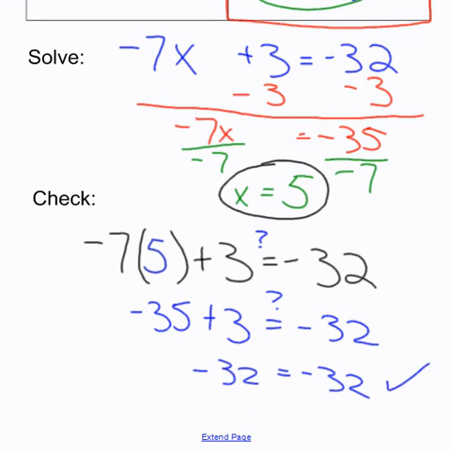And remember, negative 32 is not the answer. What's important is that those two numbers are the same. The answer is still, the solution is x equals 5.